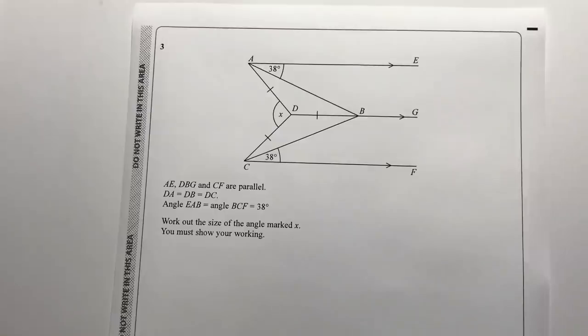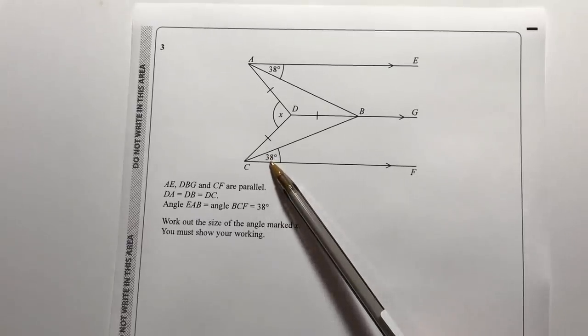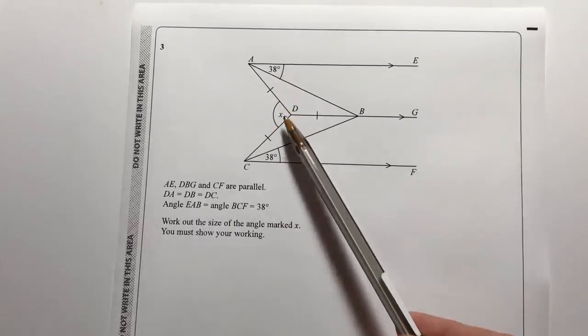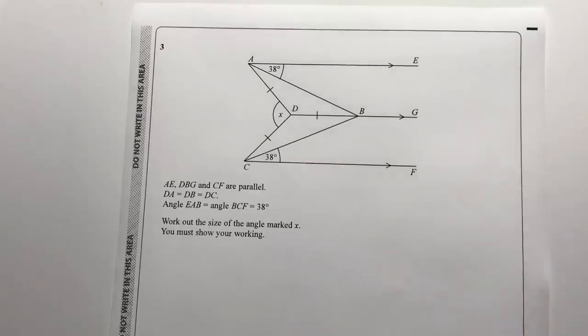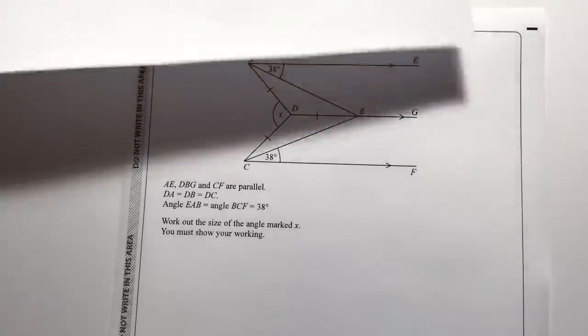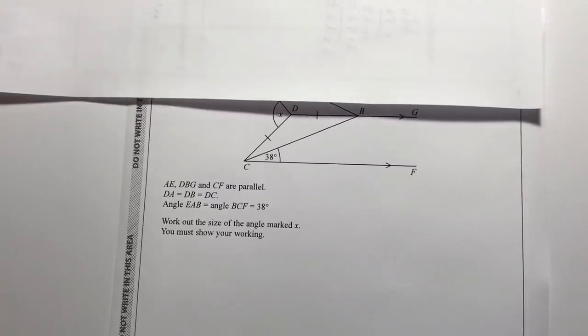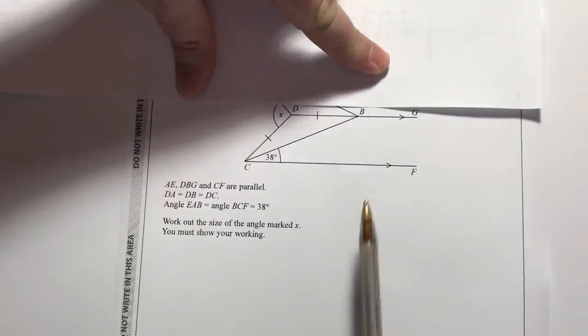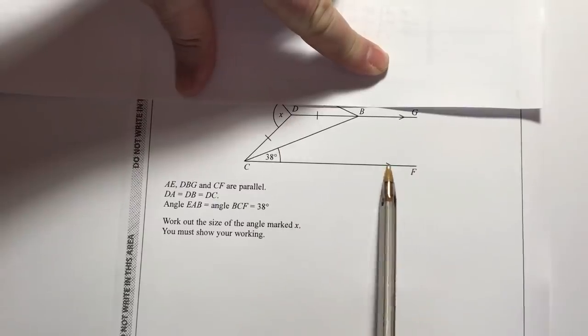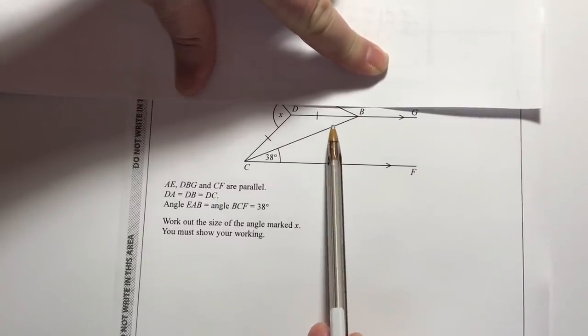All right, now these type of questions that we've got here are, I think, a little bit confusing. It's quite difficult to kind of see what's going on, but essentially the information we're given is that this is 38 degrees and this is 38 degrees. They're asking us to work out this, and there's a few bits and bobs here, but what I'm going to do is I'm just going to cover that top bit there, and hopefully you'll see that what we've actually got is 2 parallel lines with a line that goes across.